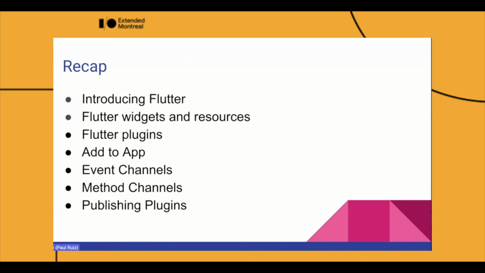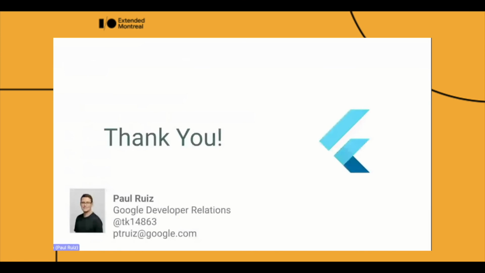Finally, we did a quick overview of how you can take what you learned and build for cross-platform development with Flutter and share it with the rest of the developer community by publishing your own plugins. So overall, I hope this talk was useful for you all and gives you some insight into the practical ways that you can build apps for multiple platforms using the tools that are provided with Flutter.